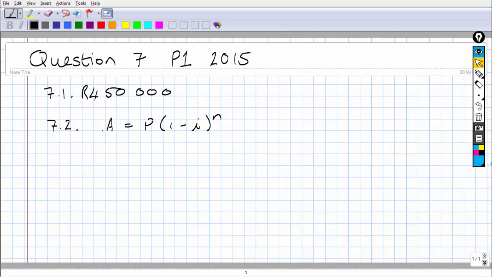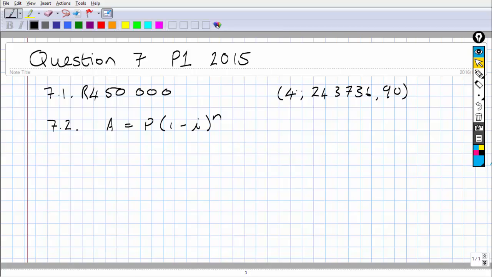Okay, so A, what was our original price? A is the value that we're looking for now, P is the original price, and then we want to find i. So if we look back on the thing, we'll see that after 4 years we have 243736.90.